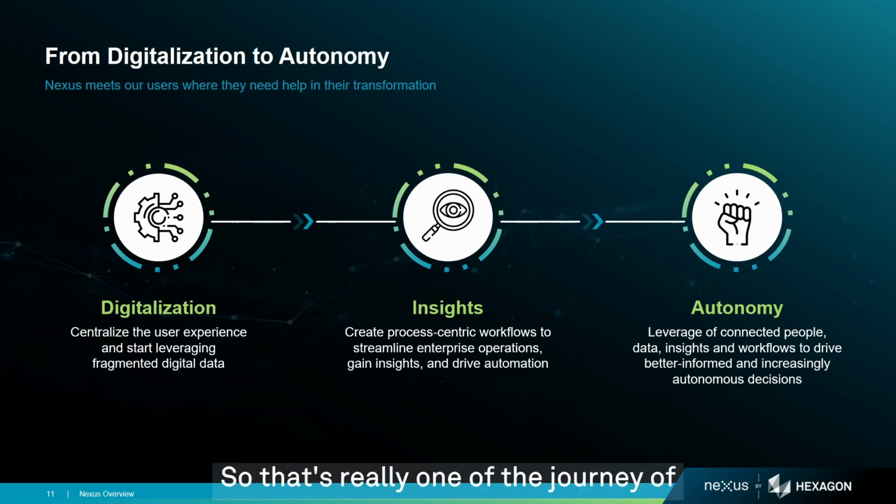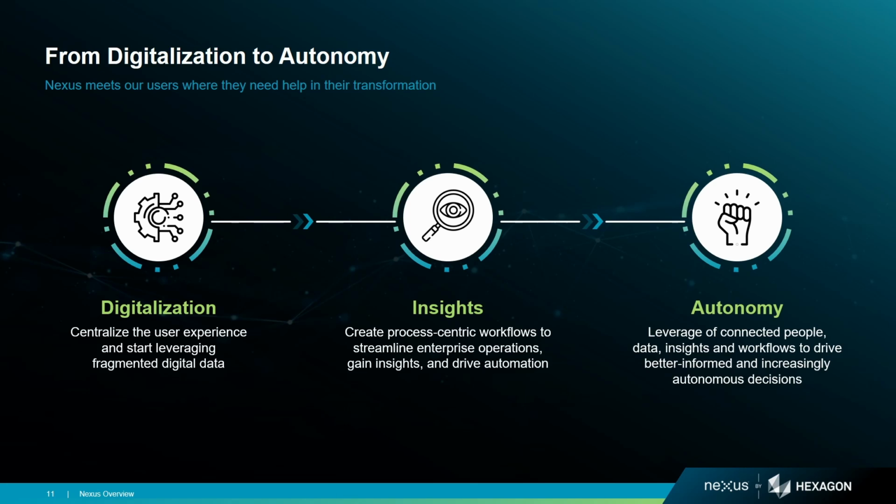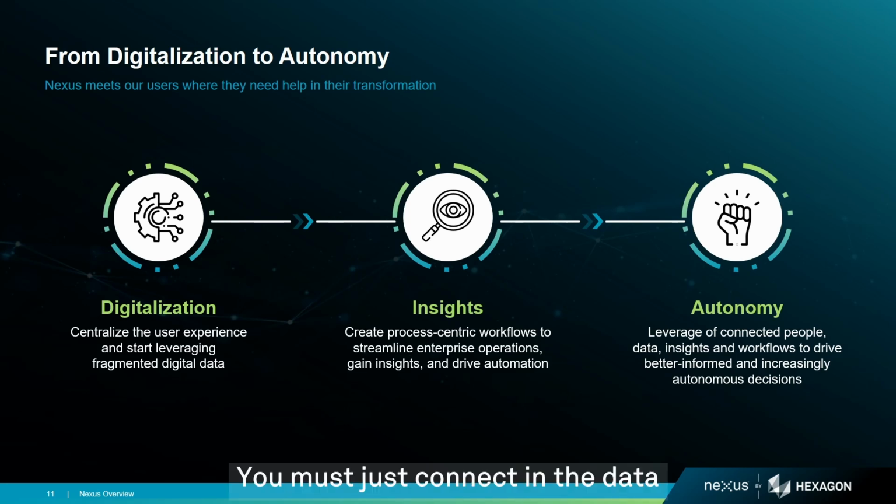So that's really what the journey of Nexus is about: from just connecting the data, to using that data, to giving you some insights and helping you make better decisions, to the ultimate north star, having the data create decisions for you or guide you with those decisions, which is really the autonomy that we're looking for.